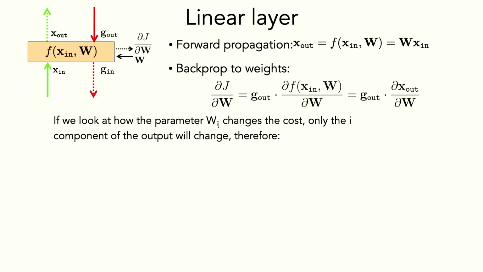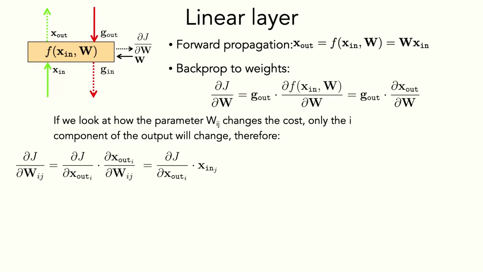If we look at the parameter w_ij and how it changes the cost, only the ith component of the output is going to change. So you can break this down through a simple decomposition, and you end up getting this because of what we just pointed out.